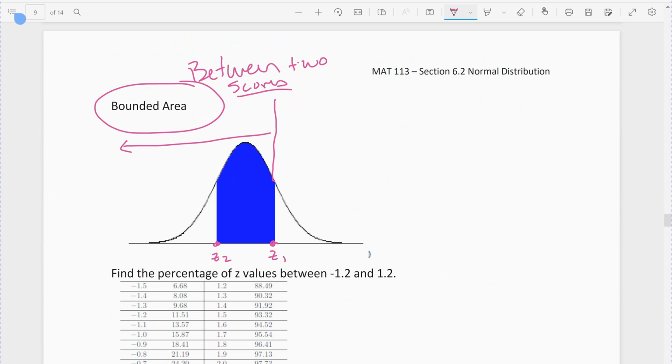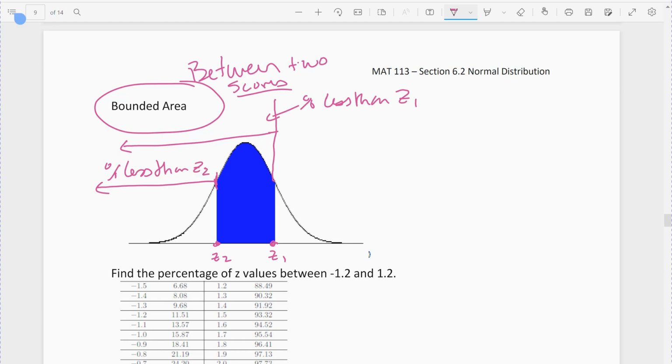Less than the, so this would be the percent less than the first z-score. And then I look up a second table value and it'll give me this region here. So this is the percent less than the second z-score.